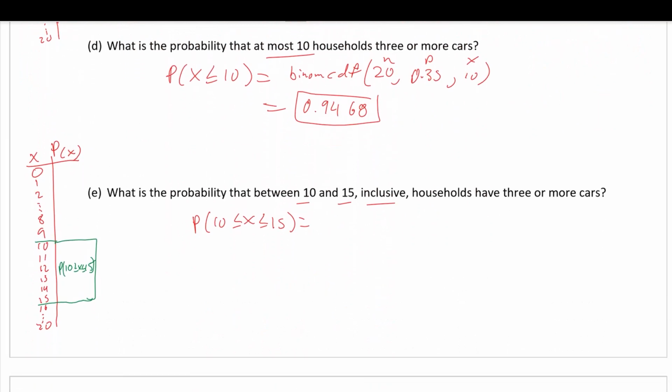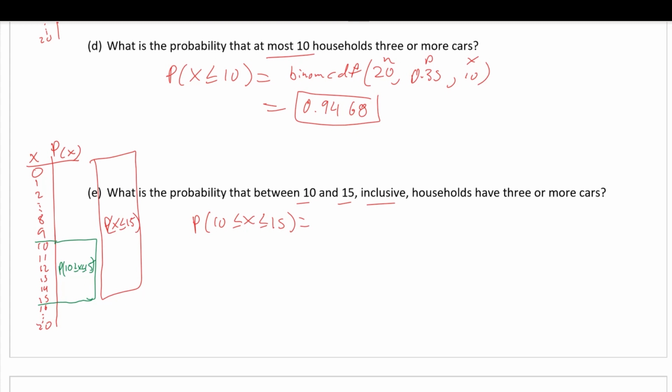But it can be a little bit more clever. Well, we know we can use less than or equal to, and that's a binomial CDF, right? From 0 to 15, all of this, I'm going to write over this. All of that is the probability that x is less than or equal to 15, 0 all the way up to 15.